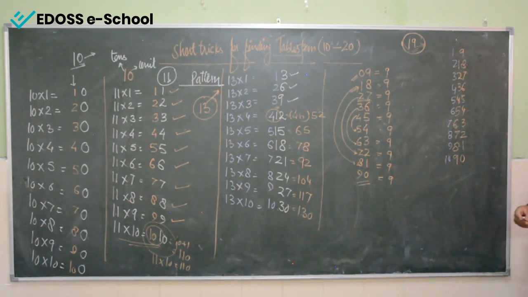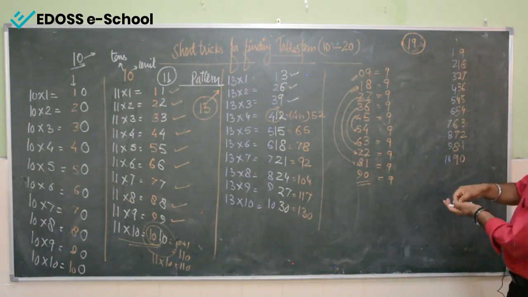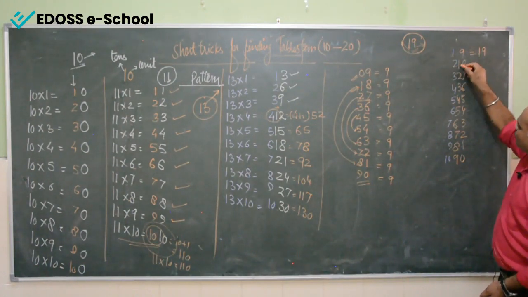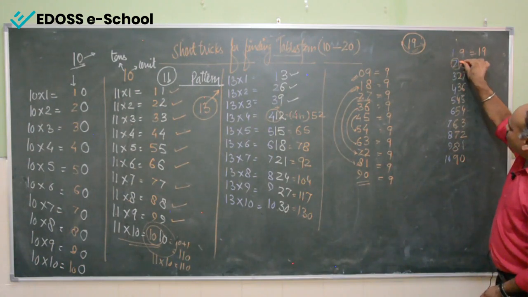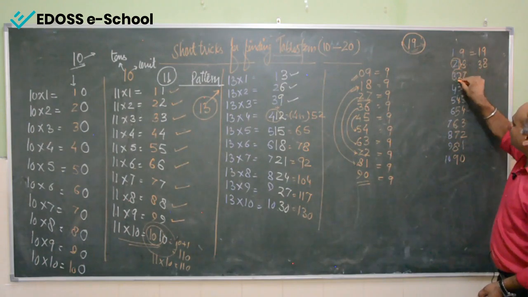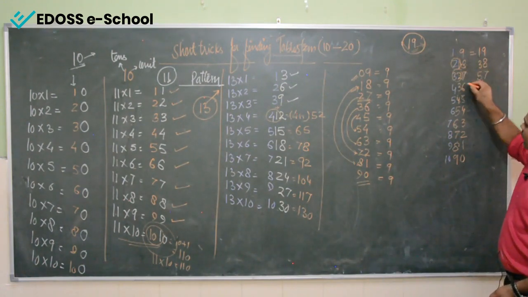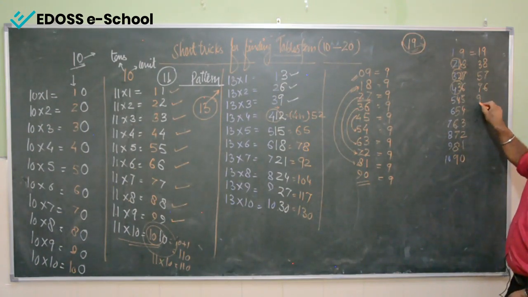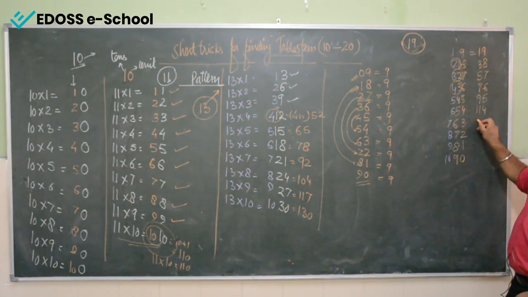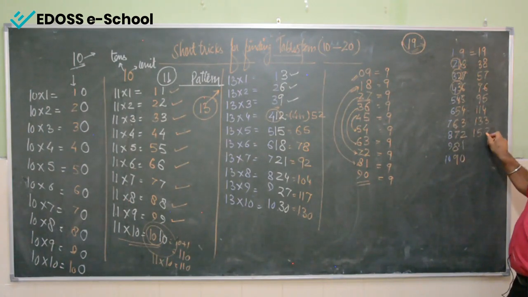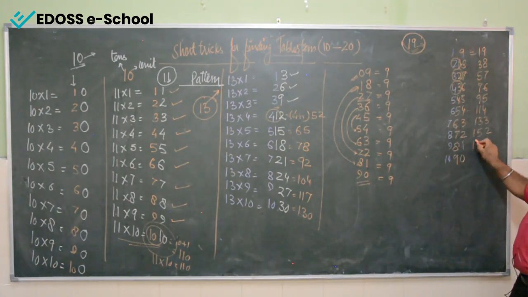What does the pattern say? This will be 19 into 1, that equals 19. This is 2 plus 1, the sum, you have to get the sum. 2 plus 1 equals 3, so 38. 3 plus 2 equals 5, so 57. 4 plus 3 equals 7, so 76. 5 plus 4 is 9, so 95. 6 plus 5 is 11, so 114. 7 plus 6 is 13, so 133. 8 plus 7 is 15, so 152. 9 plus 8 is 17, so 171.